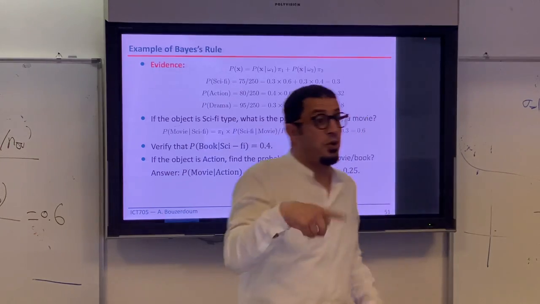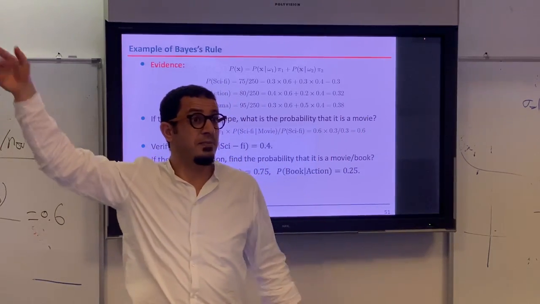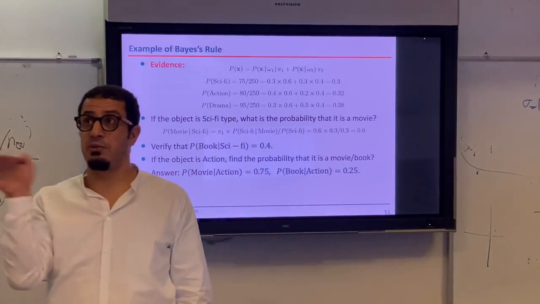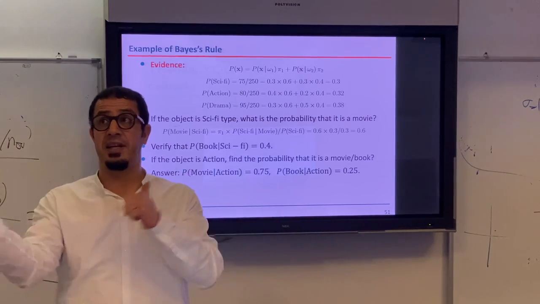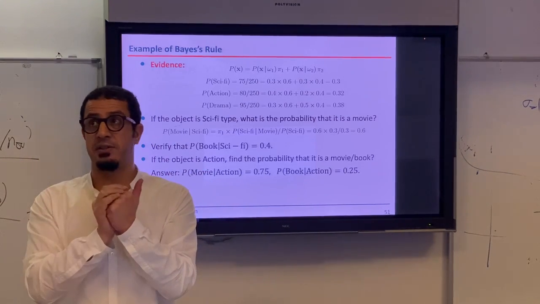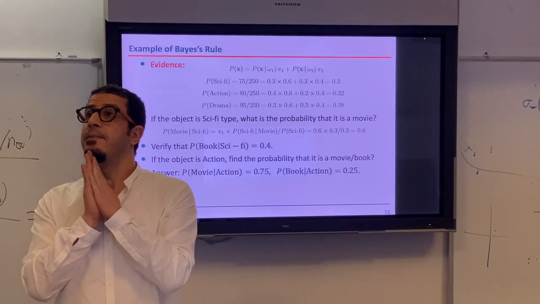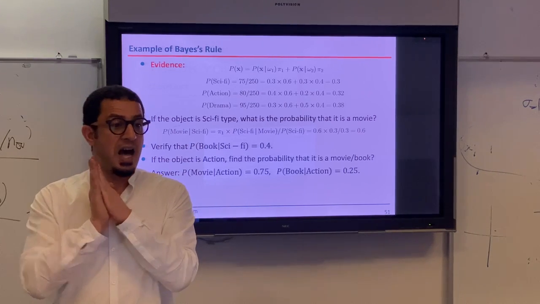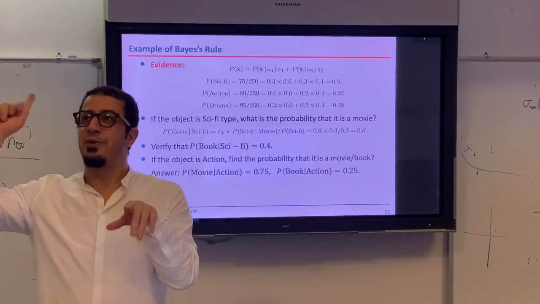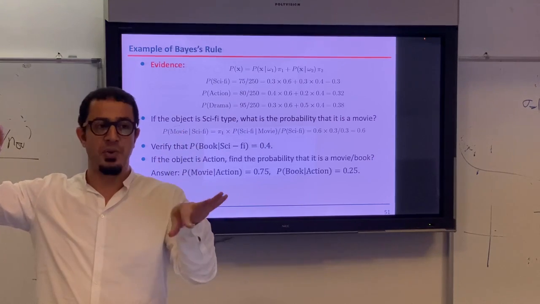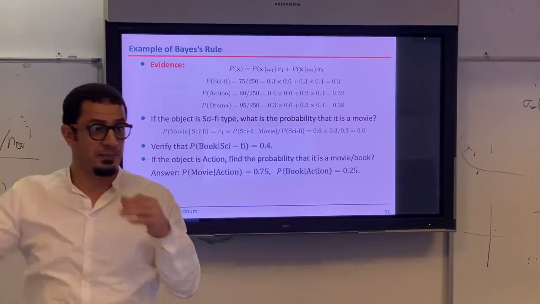It's a movie, because a book would be 0.4. So 0.5 is our threshold, because we are in binary only. We don't have multi classes. Sorry, for the book, 0.4. So this one we have to classify as a movie.